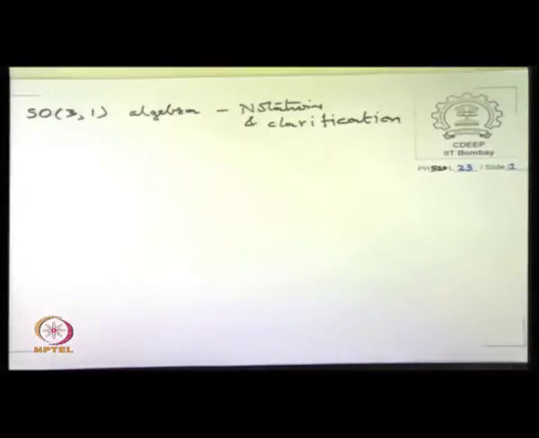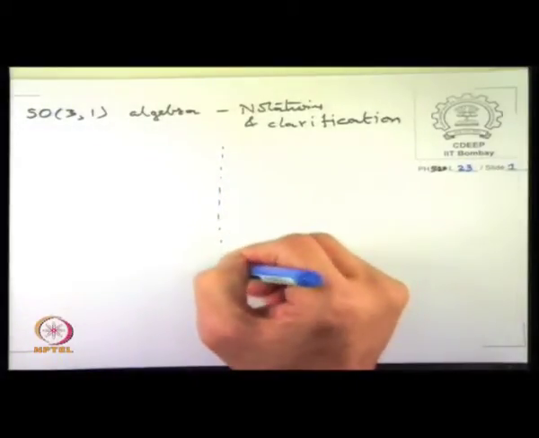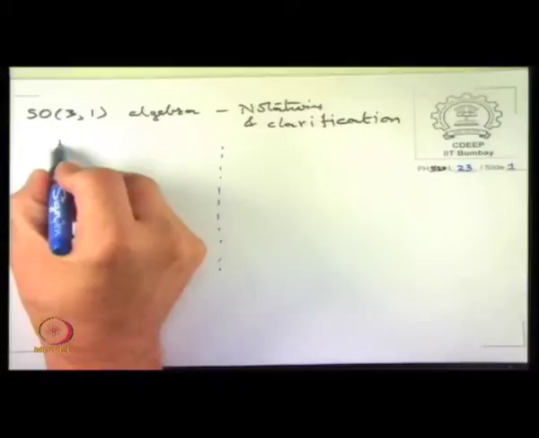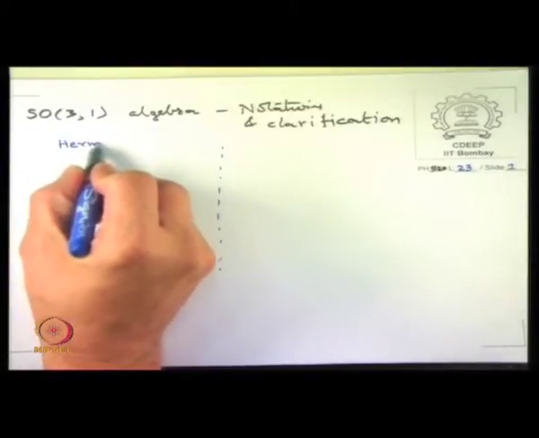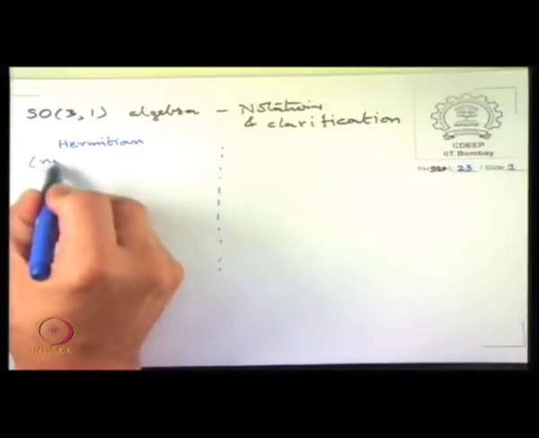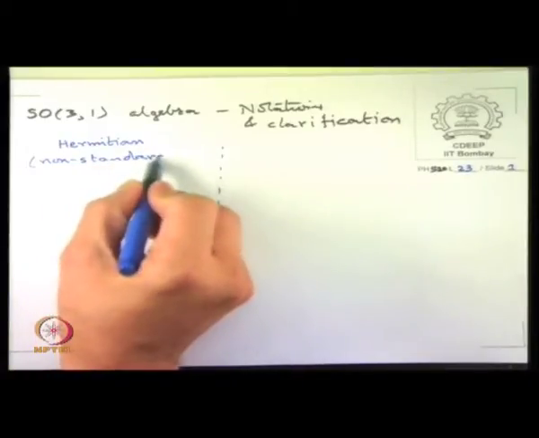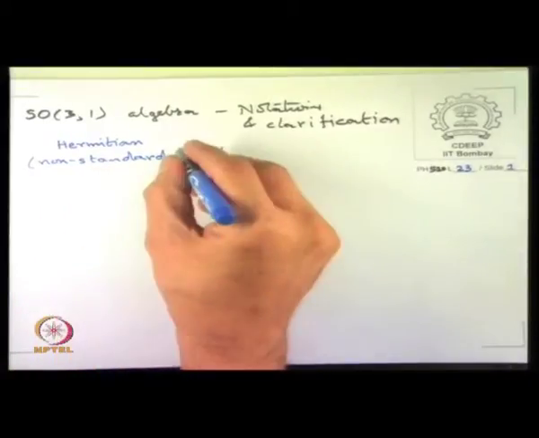So, let me write down the algebra first, because that is the most crucial thing to worry about. Our problems arose because we used a slightly unusual convention. Basically what we adopted was what you would call the Hermitian convention, and this is non-standard in quantum field theory.